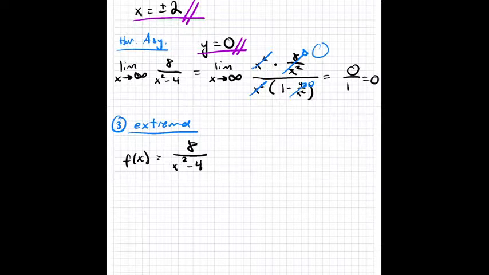Then the derivative of that is going to be, I'm going to use the low d high method: the bottom times the derivative of the top, minus the top times the derivative of the bottom, which is just 2x, over the bottom squared.